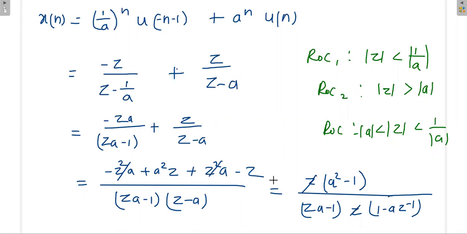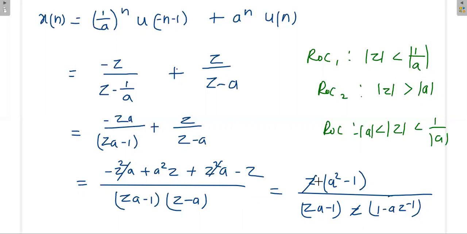Then these two terms cancel. Z we can take out, then a square minus 1. In the denominator, from the second term take z outside, then we get 1 minus a z inverse, z cancels. Just flip the sign, interchange the terms, so 1 minus a square.